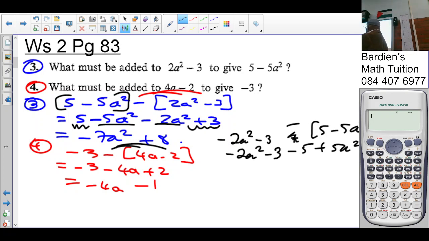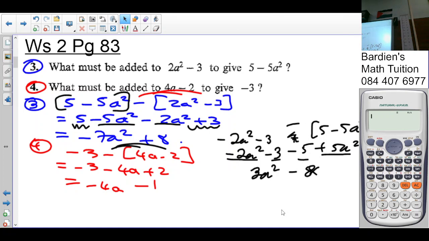So what is minus 2a squared plus 5a squared? 3a squared. Minus 8. How is that the same answer? You got this answer? Good on you. Because if you read what is asked, if that doesn't conform to whatever they're looking for. Okay. Any other confusion?